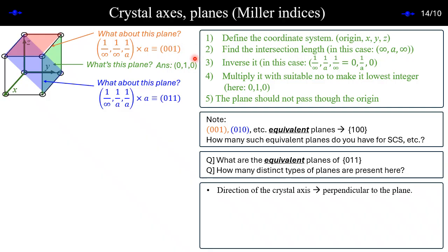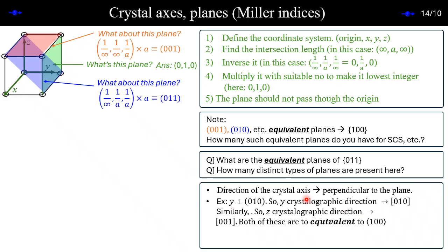So 0, 0, 1 direction. The 0, 0, 1 plane is this one, and perpendicular to this plane, which is z, is called the 0, 0, 1 direction. So this is the 0, 0, 1 plane shown with the curly bracket, and here with this straight bracket. These are just definitions. Is it clear? The direction of a plane is perpendicular to it. As simple as that.